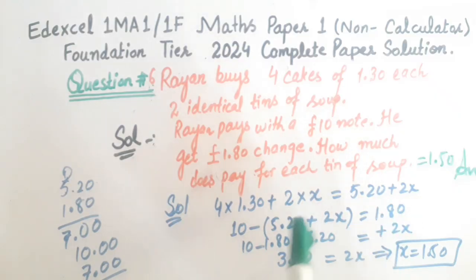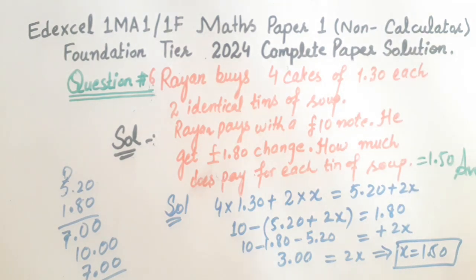By simplification of this, you have to arrange the like terms: 10, 5.20 and 1.80 are the same kind of terms. And the 2x has no pair, so it will go to the right hand side. Here it is subtracted, then it will be added. So you can see the value of x, that is 1.50.